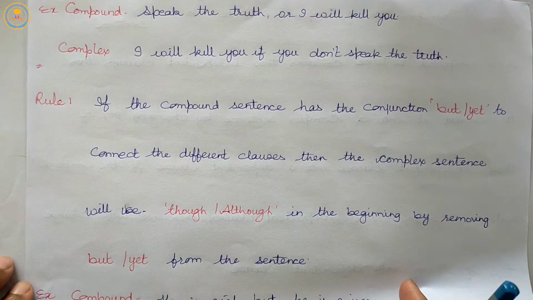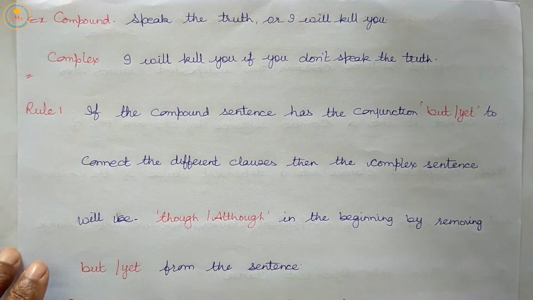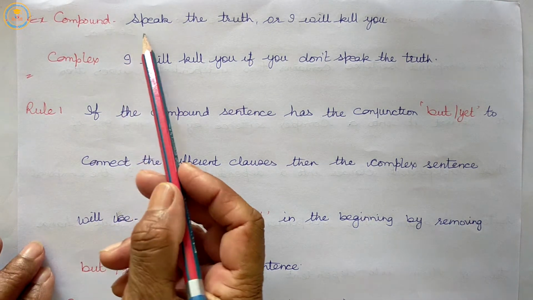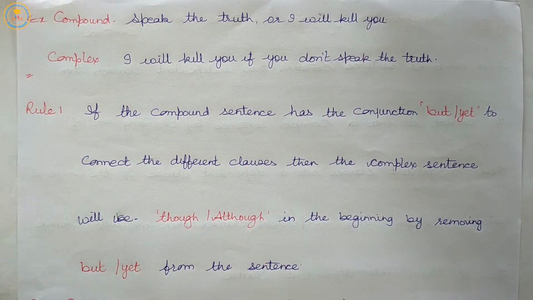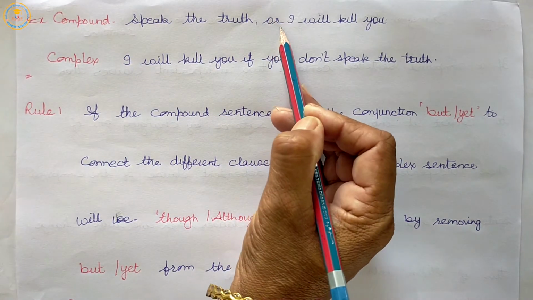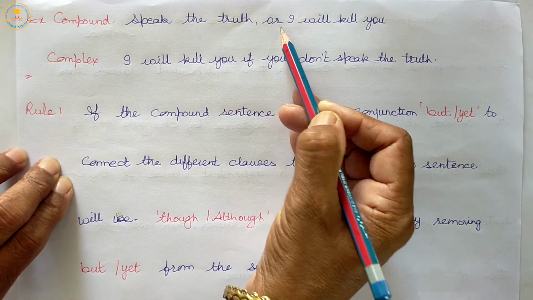Let us clear it with an example. Speak the truth or I will kill you. The complex sentence: I will kill you if you don't speak the truth. So, this sentence contains two independent clauses, coordinate clauses, connected by the conjunction or.